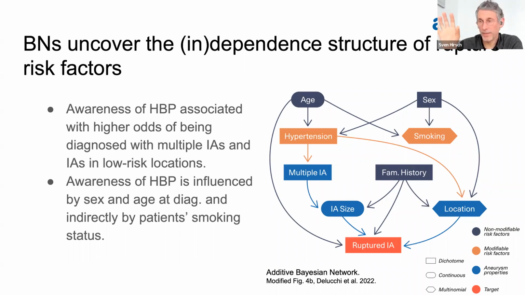And what you can now do, and that's the interesting part with this Bayesian model, is lock different nodes. You can say, if age is 25 and smoking is former smoker, then you can do a propagation through the network and see what is the probability that this aneurysm should rupture, yes or no. So that means you can do a belief propagation through this network, if you've learned it.